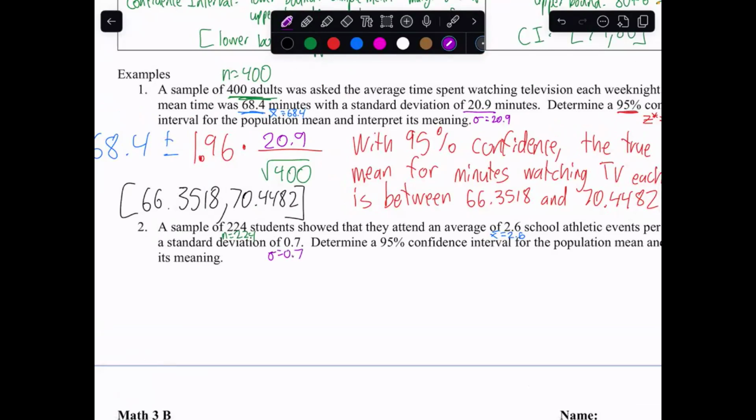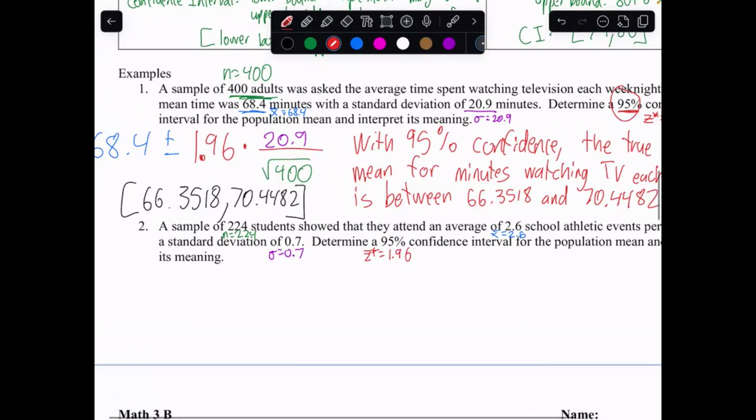And the Z crit for 95, it's still 95%, so it'll again be 1.96. Okay, so 2.6 plus or minus 1.96 times the fraction 0.7 over the square root of 224.